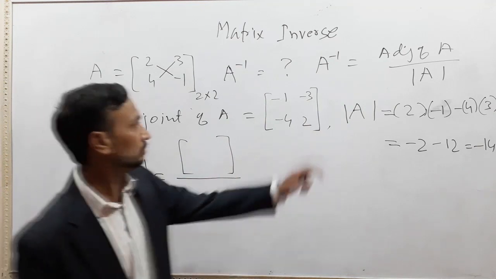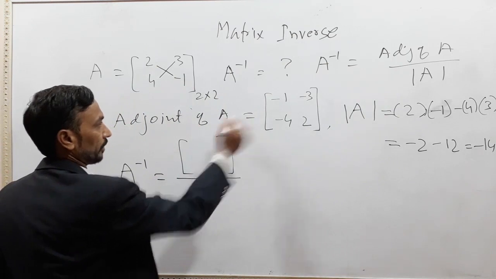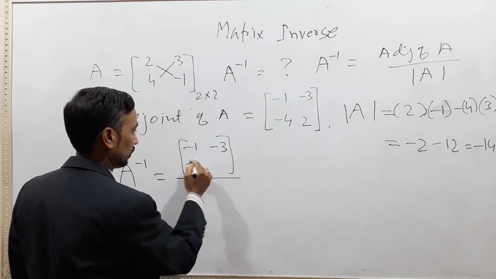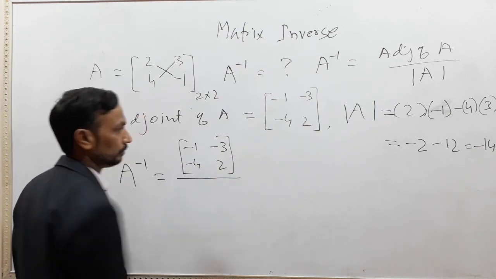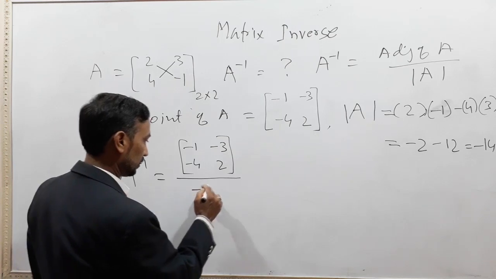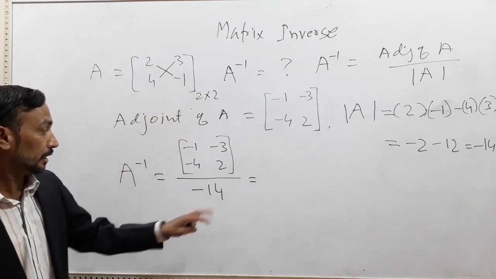To put this value in the formula here, the adjoint of A is minus 1, minus 3, minus 4 and 2, and the determinant of A is minus 14. Very simple.